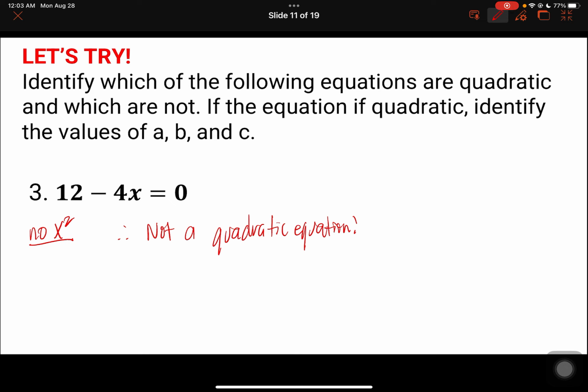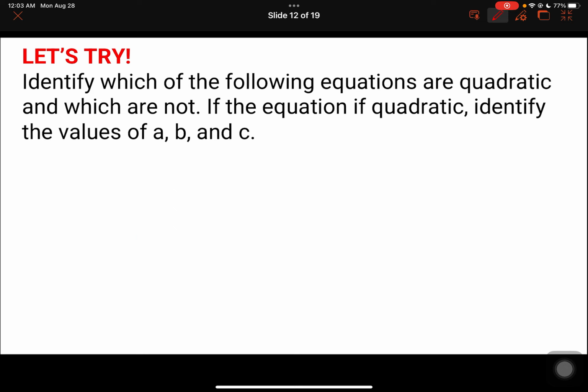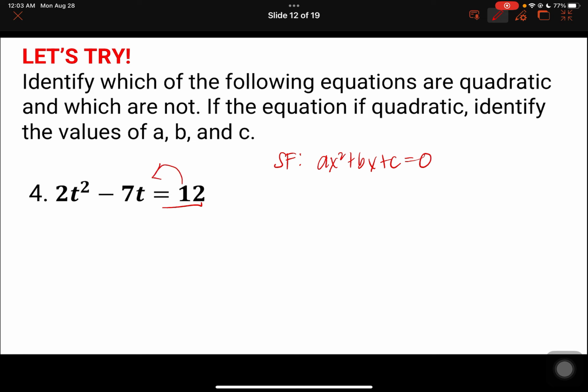Next, number 3. If you have 2t squared minus 7t is equal to 12, so hindi po siya naka-standard form. So, kailangan po natin standard form siya. Okay? So, ilipat po natin. So, magiging 2t squared minus 7t minus 12 is equal to 0. So, check na tong standard form natin. Check naman natin kung may quadratic term.